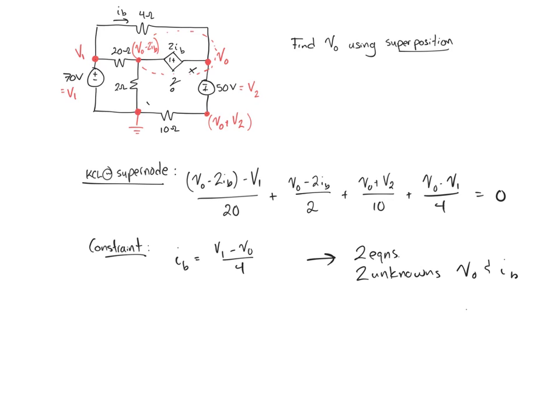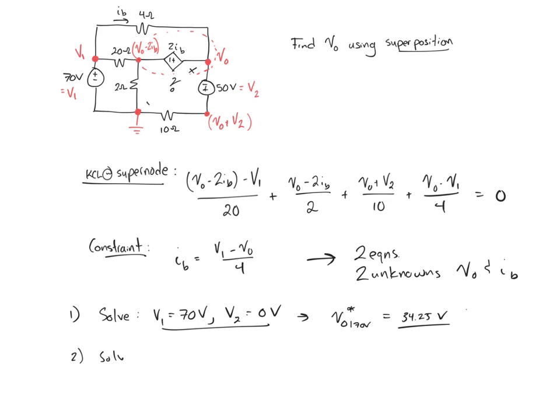So we're going to solve this twice for superposition. The first way we're going to solve this is by setting V1 equal to 70 volts and V2 equal to 0 volts. And doing this, you're going to get that V0 star, or due to the 70 volt source, whichever way you want to write it, equals 34.25 volts.